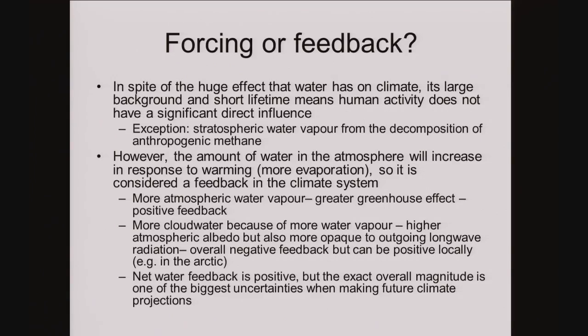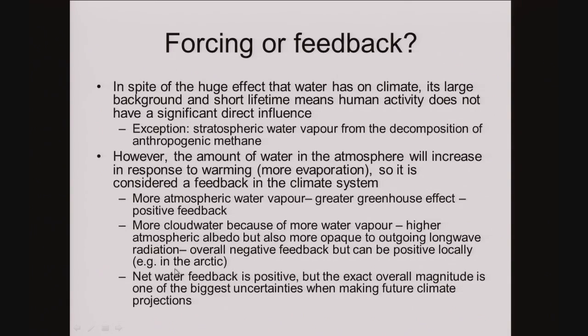They reflect shortwave radiation back to space. And so overall, we think this is a negative feedback, because the water vapour gives the positive feedback, but the cloud feedback we think is negative. But again, this is not very well known. It can be positive in places like the Arctic, for instance.